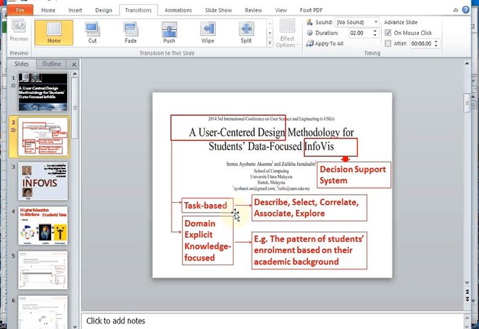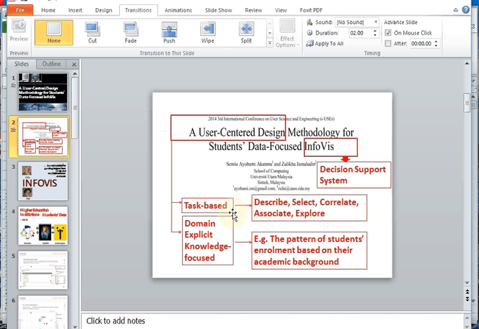What are the tasks that the users want to execute while using this decision support system? I'm intentionally substituting InfoVis with decision support system because logically InfoVis is also a decision support system, so that to really connect and situate what this article shows as it relates with the decision support system class.